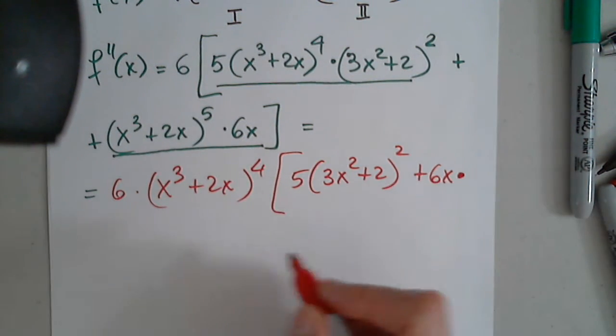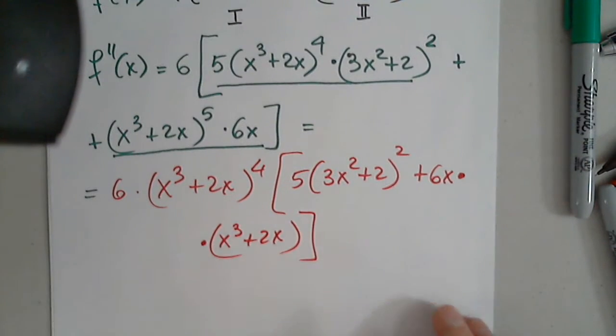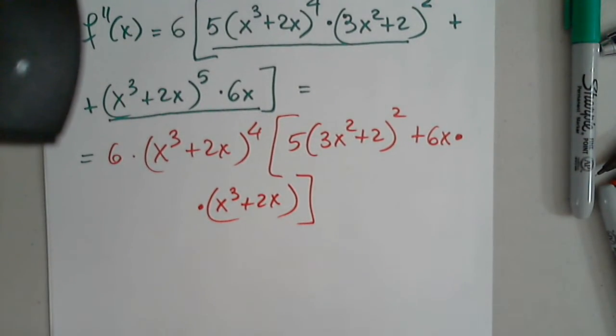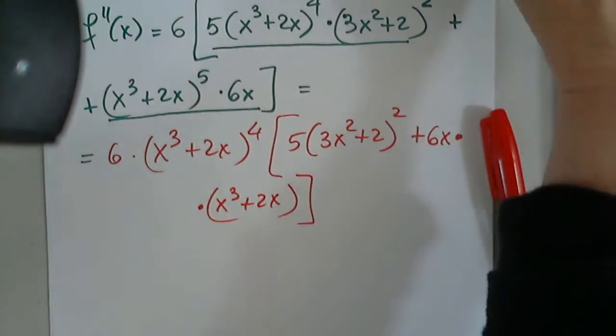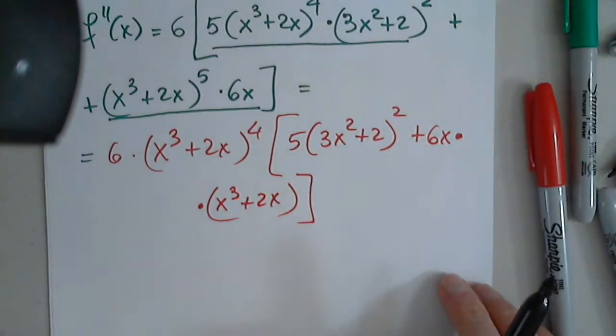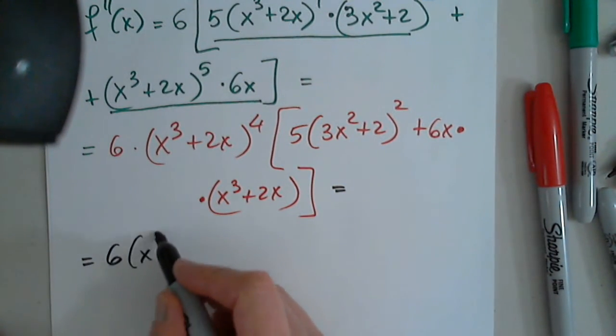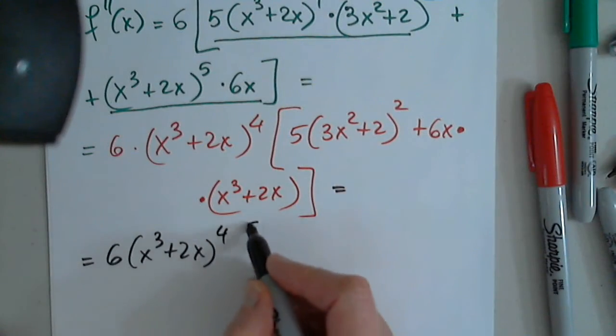So here I have to multiply by x cubed plus 2x. Do we all understand this? Yes? Okay, perfect. So then the 6 stays outside, the (x cubed plus 2x) to the 4th will stay outside.